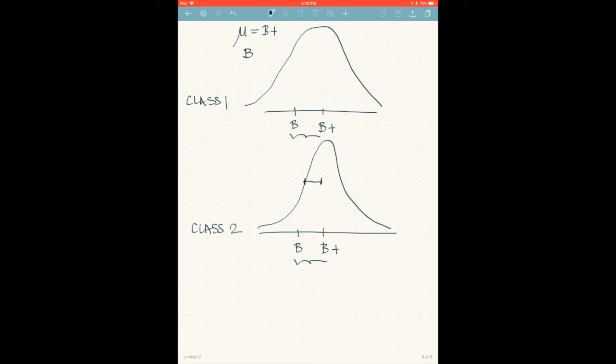Because obviously in the second class, while you're only 1 grade away from the mean, you're about 1 standard deviation away from the mean. While in the first class, while you're still 1 grade away from the mean, you're still within 1 standard deviation and you're still close to a lot of other students in your class. So clearly you would worry more about class 2.